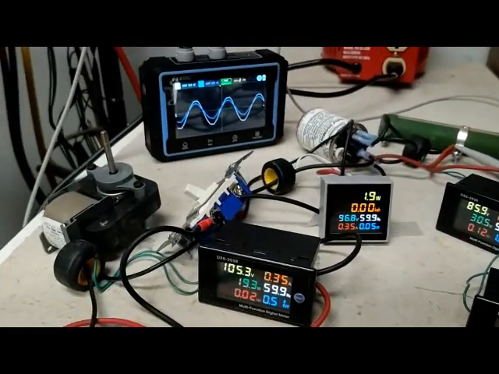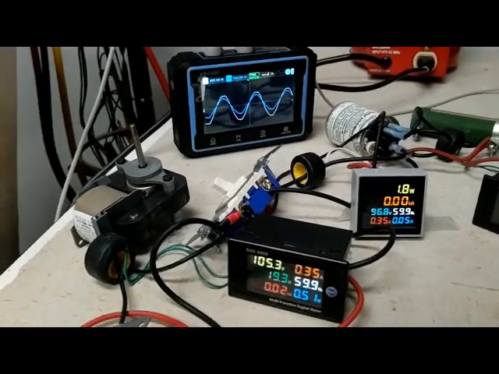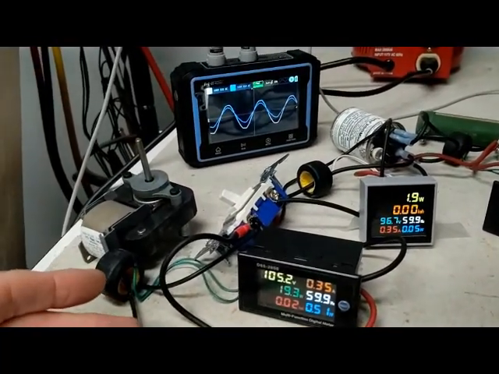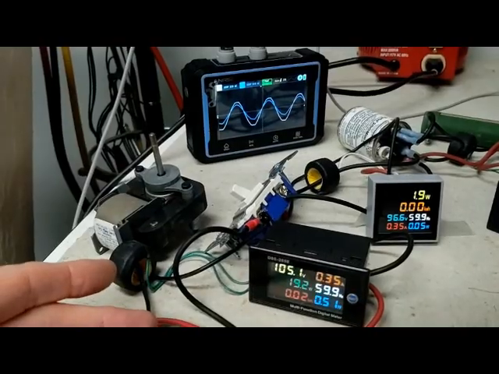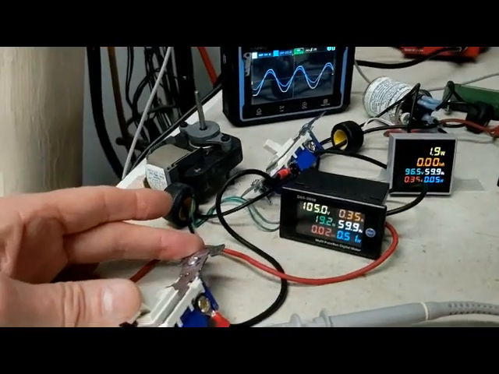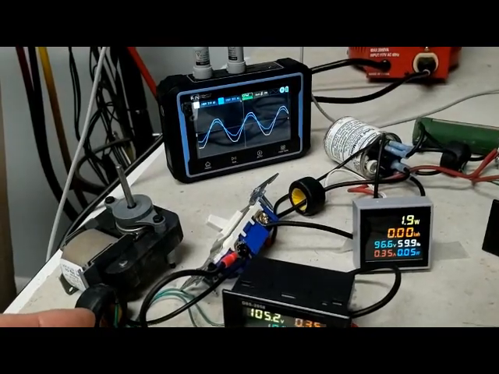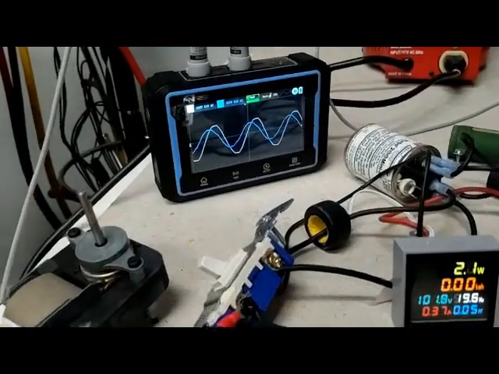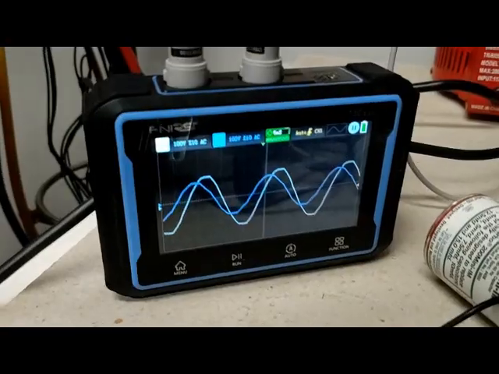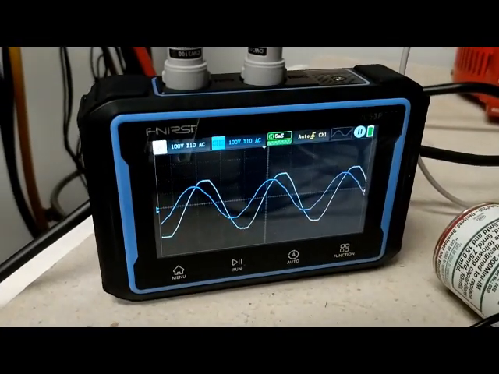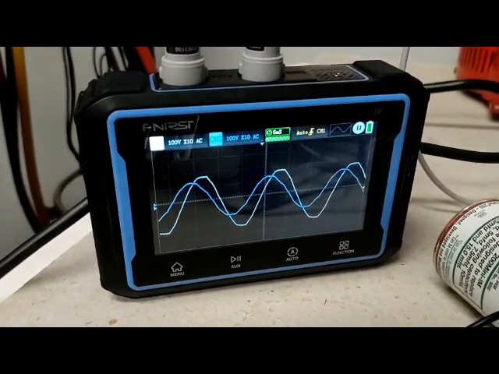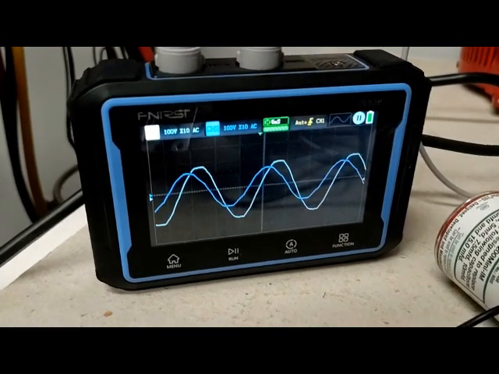Now let's see what happens if I take the motor out of the circuit. This is a three-way switch, so it's basically going to just bypass the motor. Now I have a circuit with more capacitance than inductance, and the current shifts ahead of the voltage.